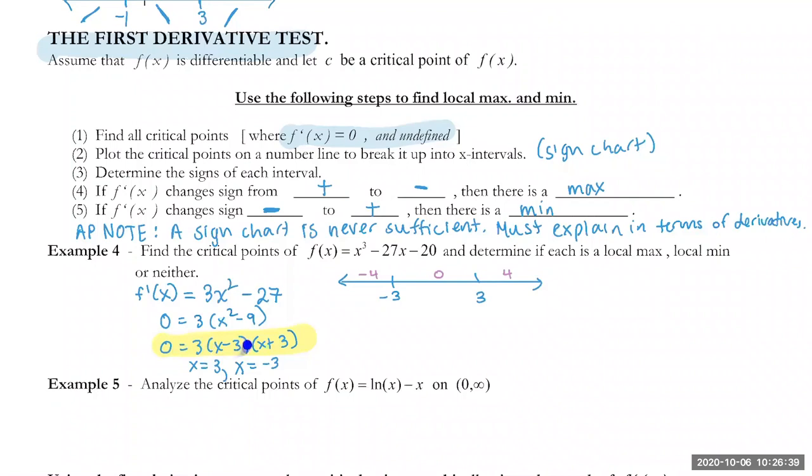If I plug -4 in, I don't necessarily have to know the numbers. I know that -4 minus 3 is a negative number, and -4 plus 3 is a negative number. So above there, I put negative times negative, which is positive. Then I just draw my increasing segments like that. Go ahead and try that for the rest.